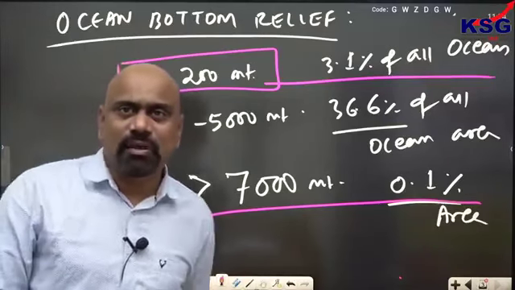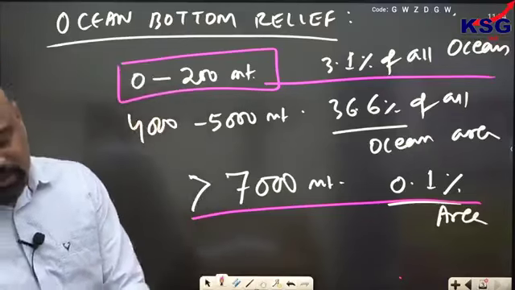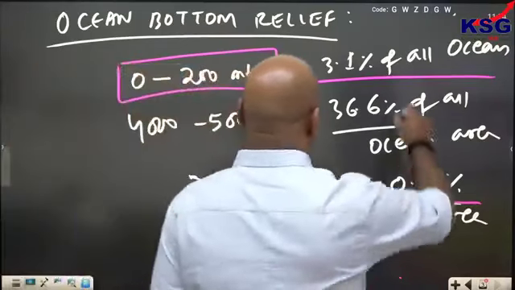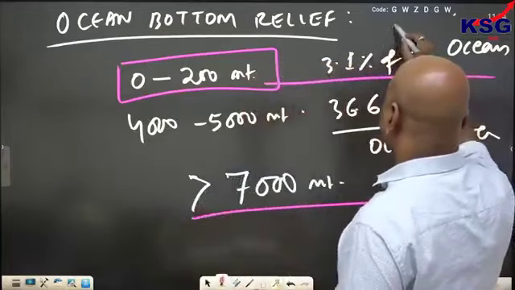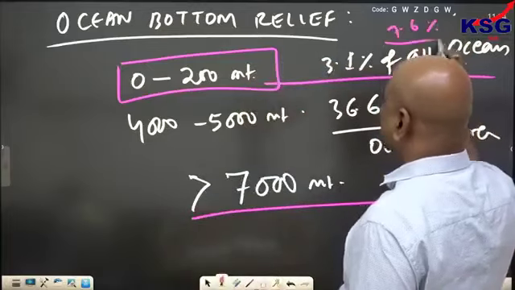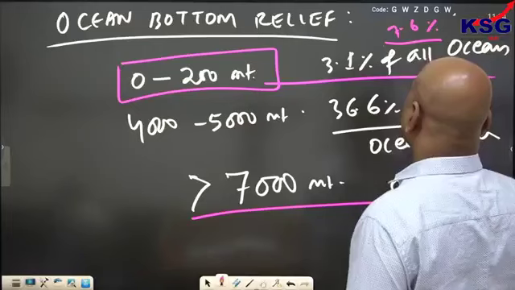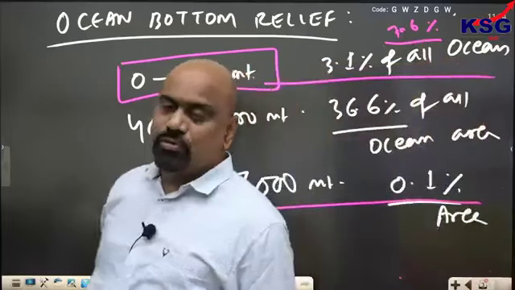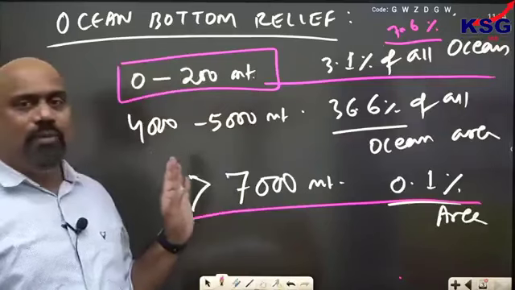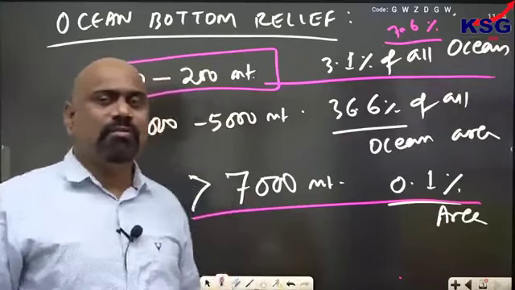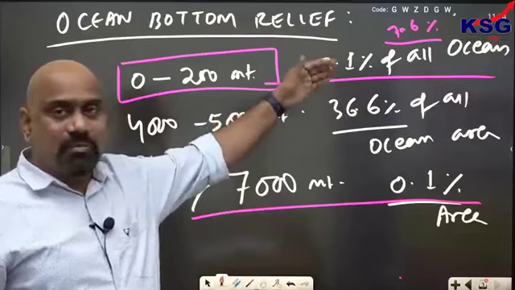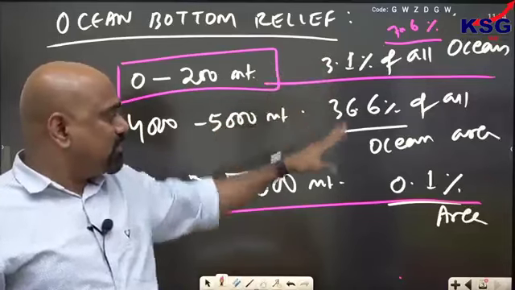If we include that, then it will be more, 7.6% for 0 to 200 meter. Excluding the adjacent and nearby seas, this is the data here.